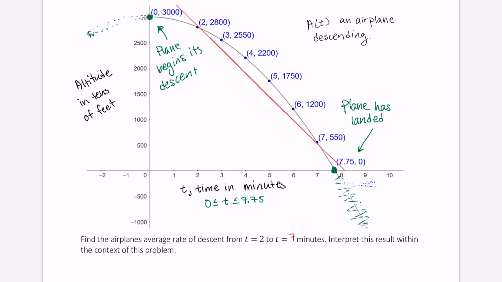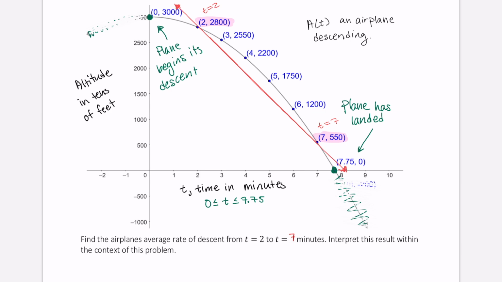Okay, as you can see, I went ahead and connected my 2 points with this sort of salmon colored line here. This is when t equals 2 and t equals 7.